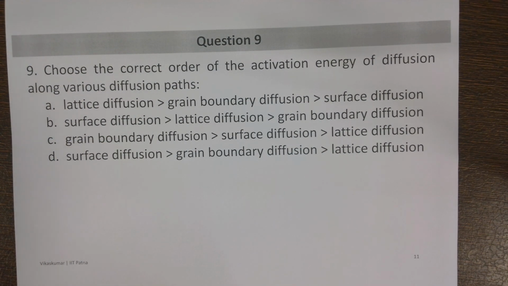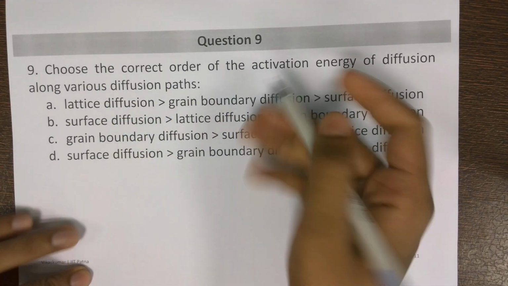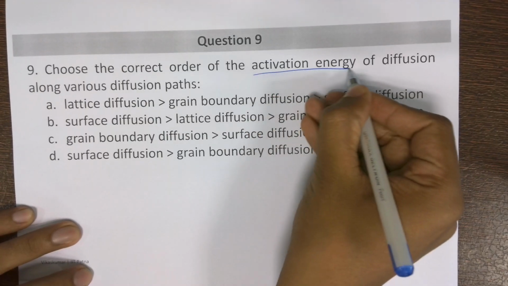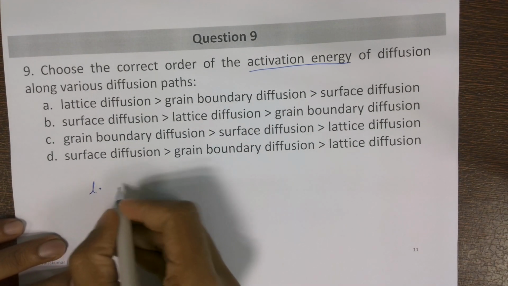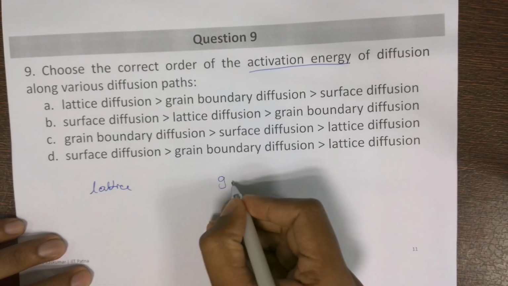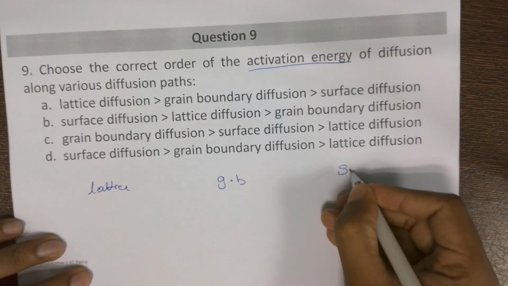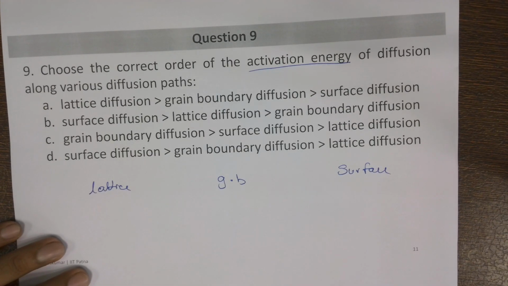It's very easy. We have already discussed this part, but again we'll have a quick look. Choose the correct order of the activation energy of diffusion. We have lattice diffusion, grain boundary, and surface. These three we have to arrange in order.